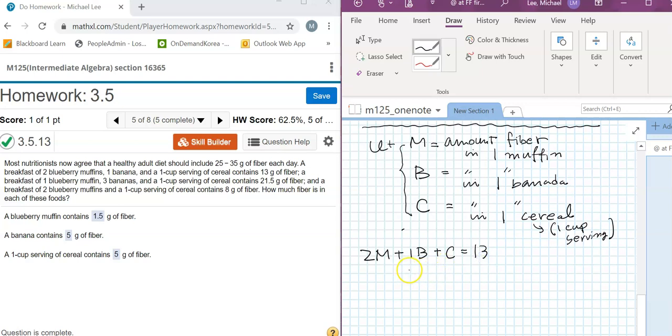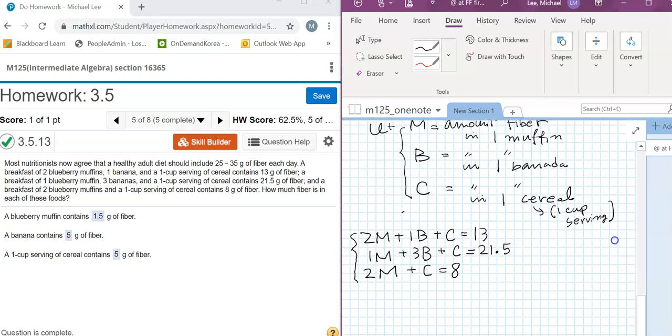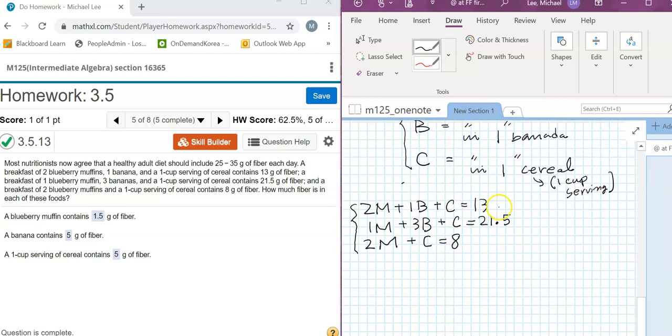The second statement says a breakfast of one muffin, and three bananas, and then one cereal has 21.5. The third statement says two muffins plus one cereal has 8. So we are solving this system of equations. As you can see, this setup is very important. So I'm going to number them again, 1 and 2 and 3.